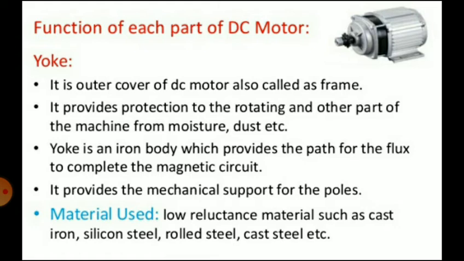It provides mechanical support for the poles. Generally the poles are connected to the yoke. The material used for the yoke is a low reluctance material such as cast iron, silicon steel, rolled steel, cast steel, etc.